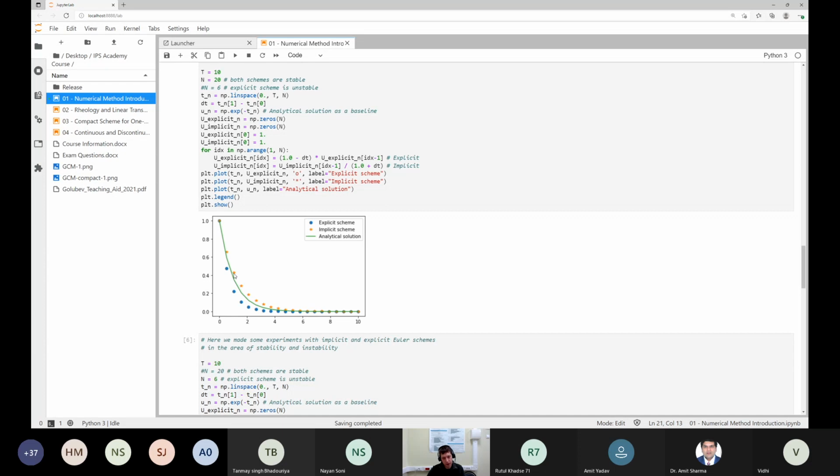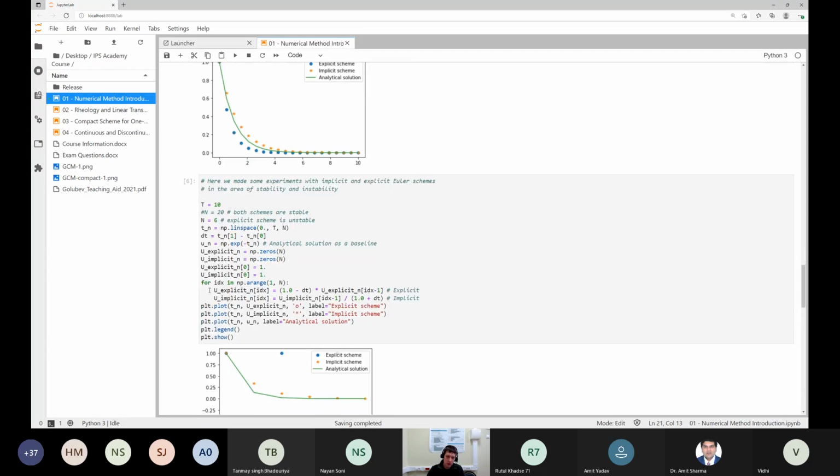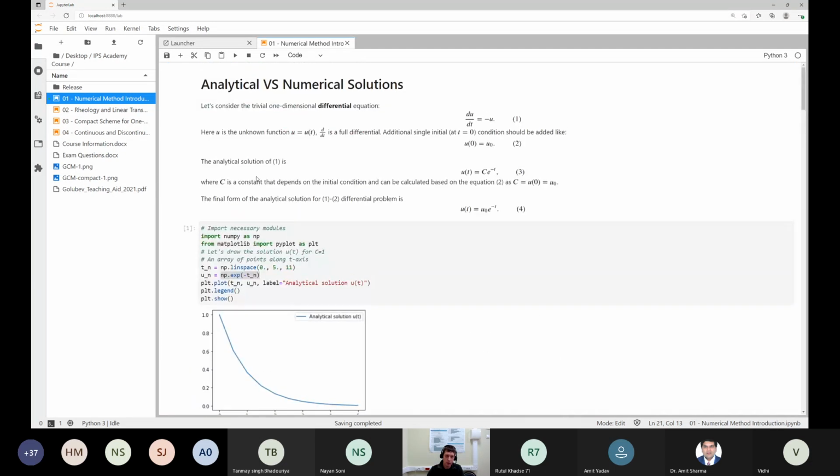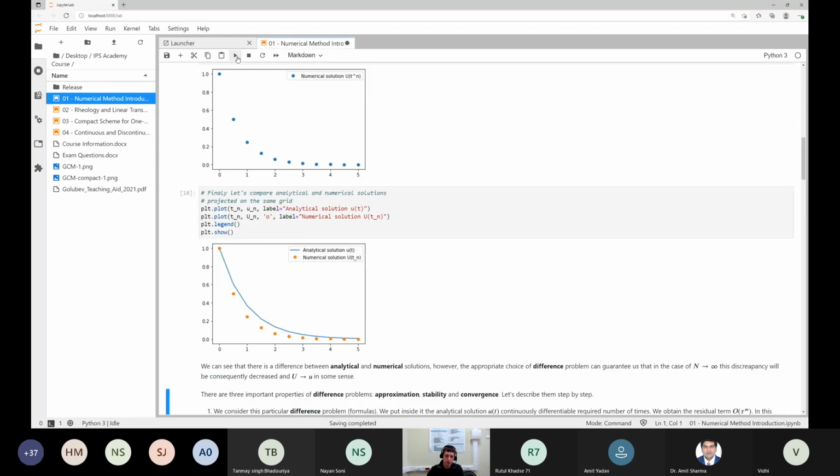You can see that we have some differences between the answers provided by the explicit and implicit schemes, but in fact the total error is of the same order. The implicit Euler scheme also demonstrates the first order of approximation. The main benefit is not the precision of simulation. The main benefit of the implicit scheme is the larger region of stability. I will demonstrate it. Sorry, I have to run it from the beginning.